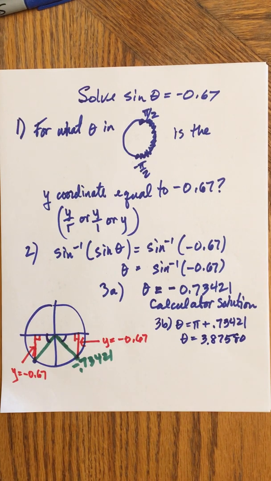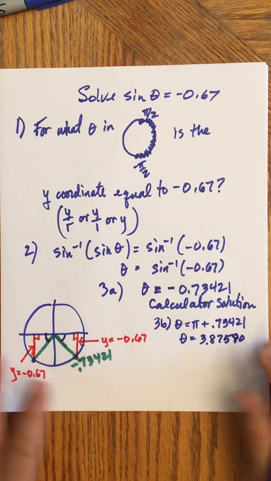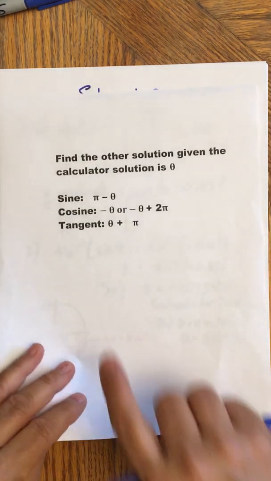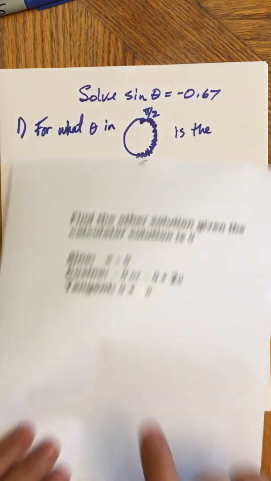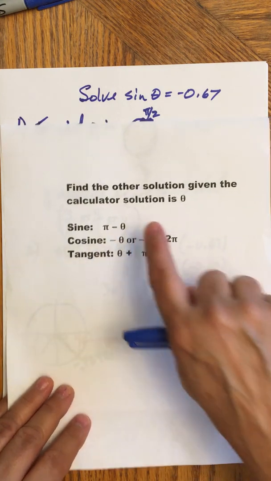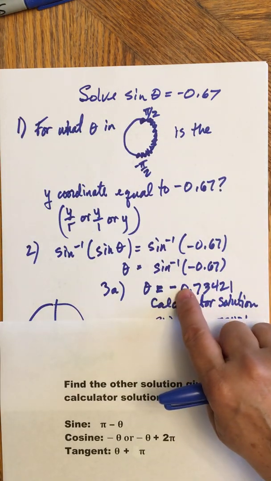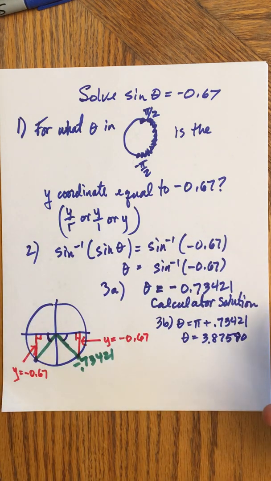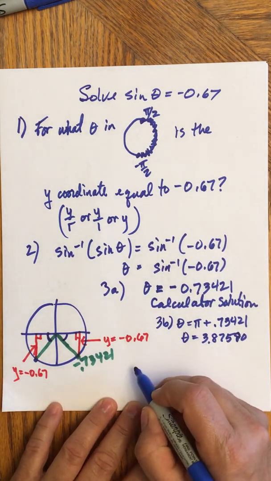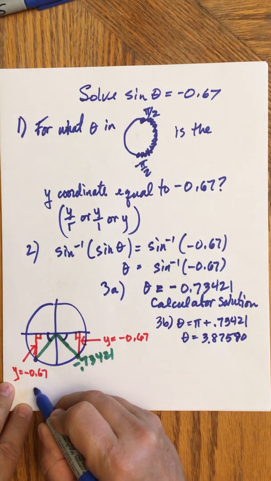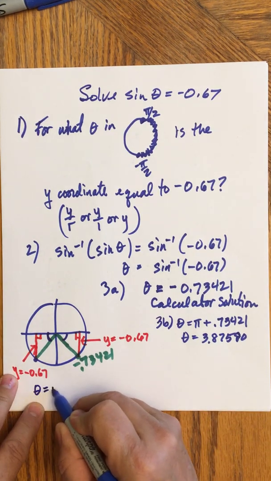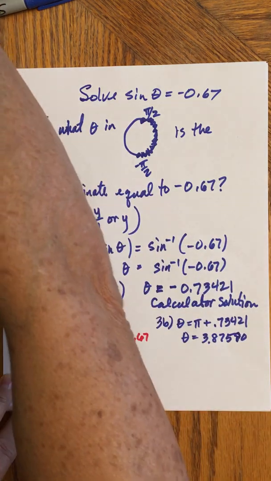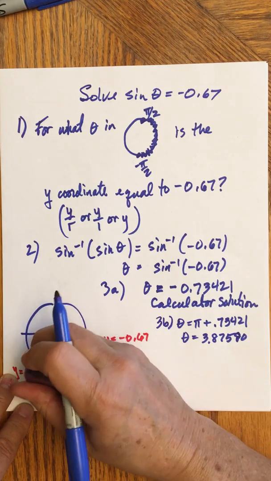Now, if you use the formula instead, which I would forget after a while, it's pi minus theta. The difference here is that since theta is already negative, that's what the calculator gave you, you're doing pi minus a negative theta, and it'll make it positive. So if you did it this way, you could say theta equals pi, this for sine, let me just actually say here, the other solution.